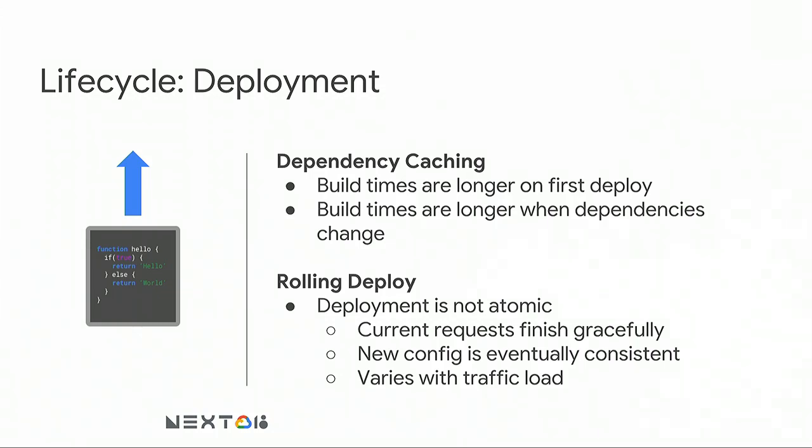It happens over the course of time, depending on how much traffic you have. If you have a lot of traffic and there's a lot of instances of the old version, then it will take longer for the rollout to complete. A side effect of the caching, obviously, is that if dependencies change, then the build time might take longer because they're not cached.